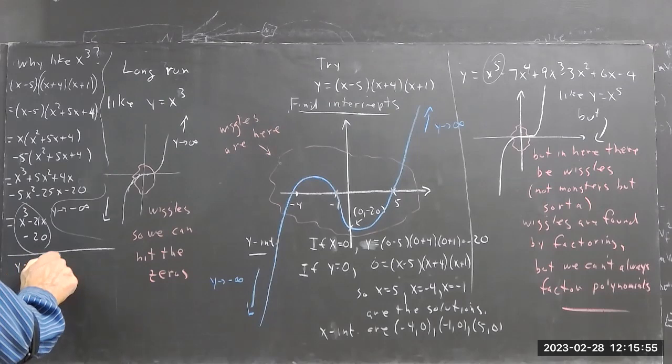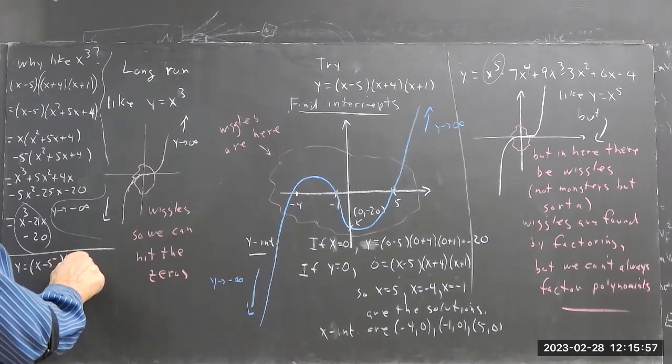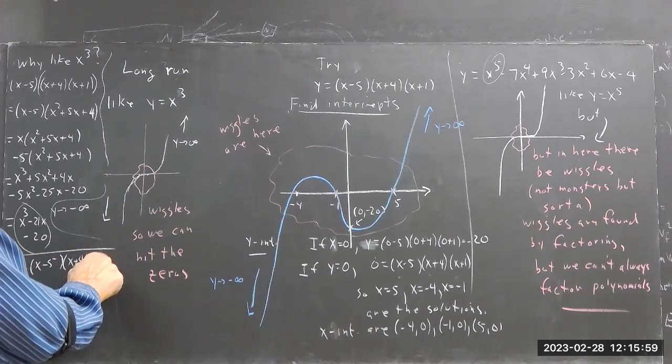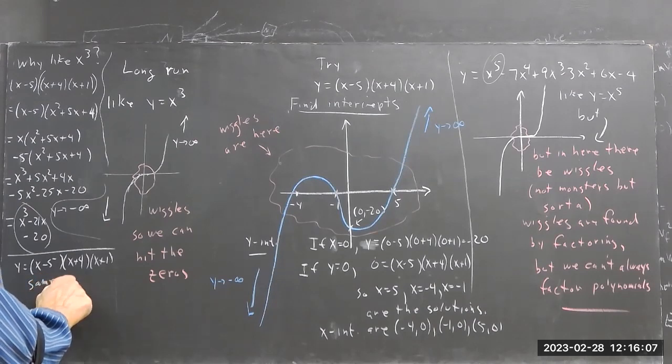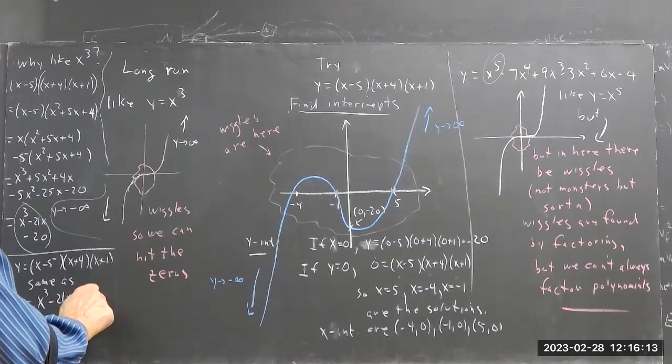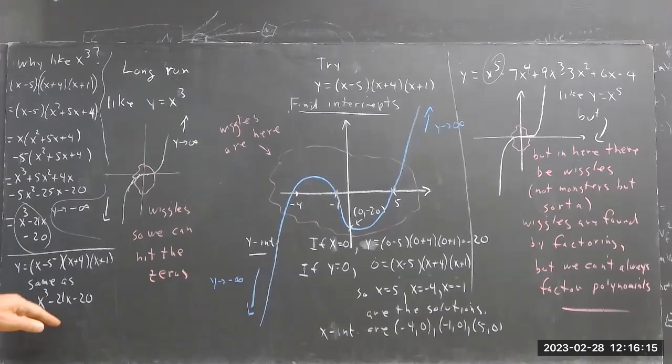So if I did this right, and you might want to check me, I didn't make mistakes. It's x cubed minus 21x minus 20. Notice the cube. So there's your leading term.